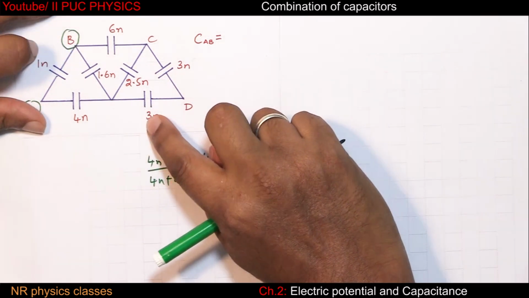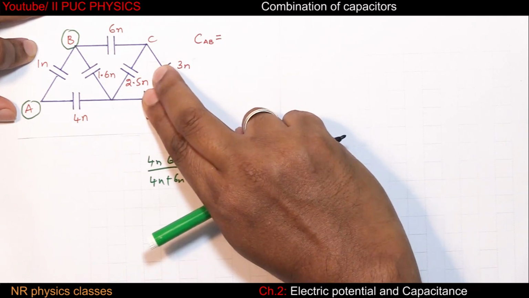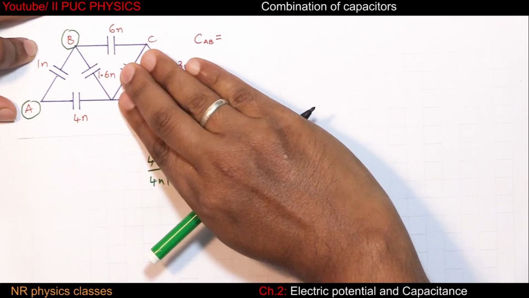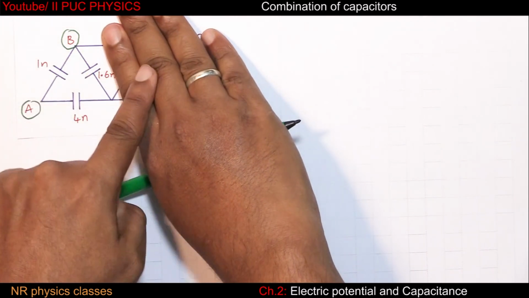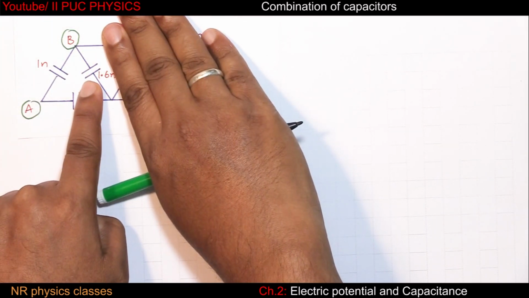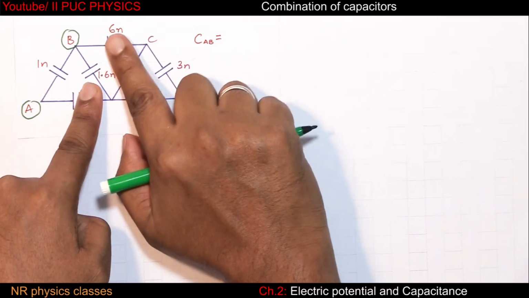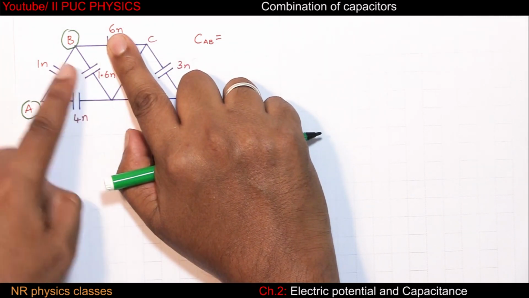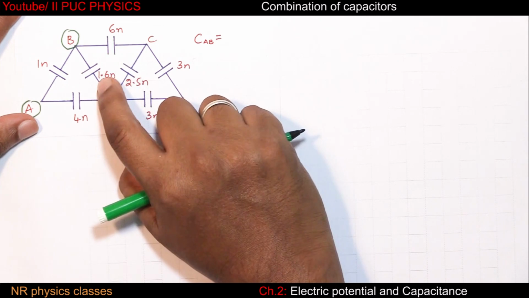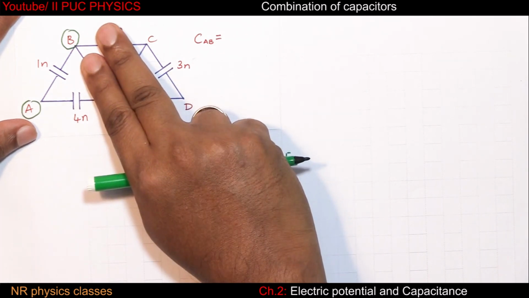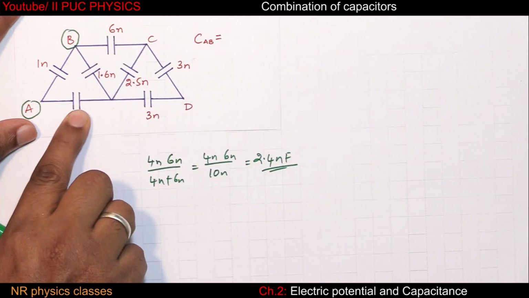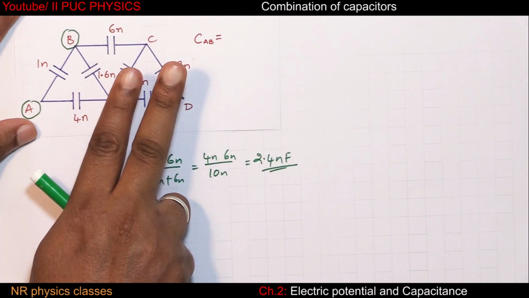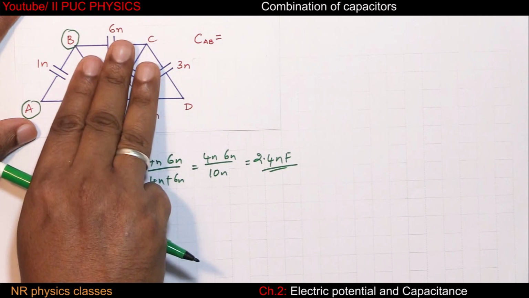See, 3 and 3 gives 1.5, 1.5 and 2.5 gives 4, 4 and 6 gives 2.4. This 2.4 is parallel to 1.6, so 2.4 plus 1.6 is 4. This 4 is in series with this 4. 4 series with 4 means 2.